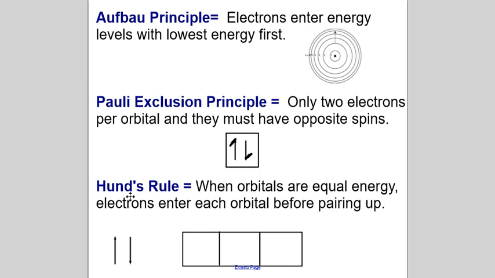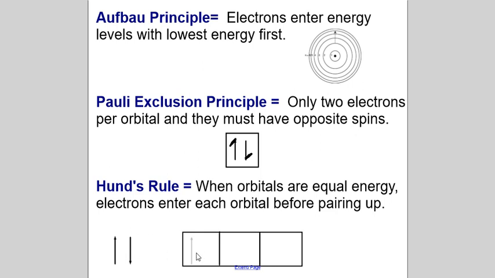Okay, and then Hund's rule, we can call this the bus seat rule, or Ms. Butler likes to refer to it as the urinal rule. It essentially says that if the energy levels are even, you are going to try to spread out as much as possible before you start doubling up.